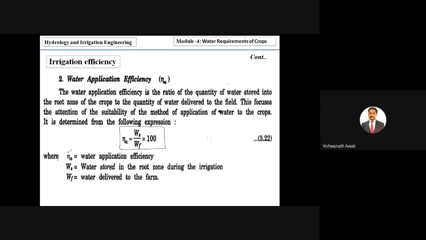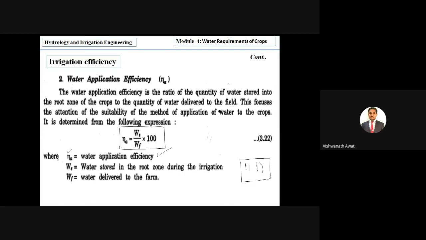Eta A is water application efficiency. Ws is water stored in the root zone during the irrigation, and Wf is water delivered to the farm. Now we'll see the farmland. It is farmland, and we can see the plantations.